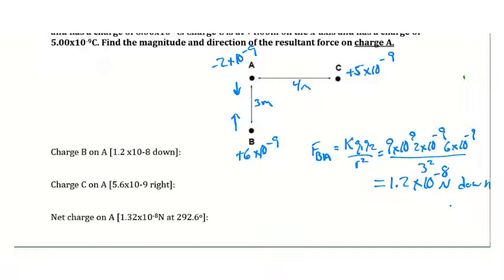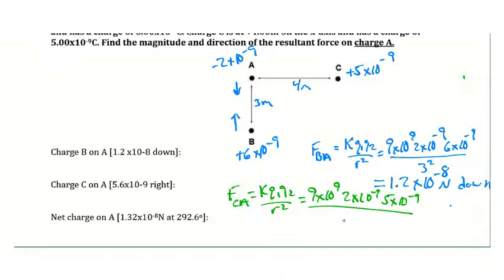The next thing we have to do is figure out the force that C exerts on A. So the force that charge C exerts on charge A is, again, something we're going to find using Coulomb's law. Charge C is 5 times 10 to the -9 over 4.